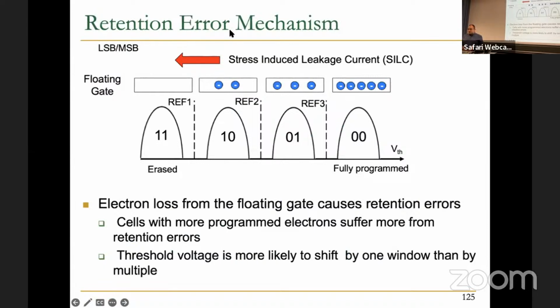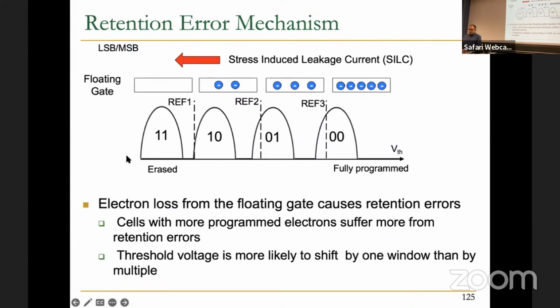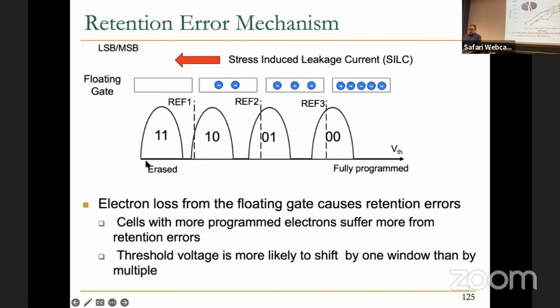So for the retention error mechanism, essentially you move through this window of threshold voltage. And we made an interesting observation that cells with more programmed electrons suffer more from retention errors.